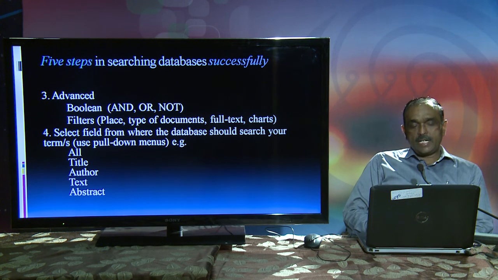Now, selecting a field means that if you look at the whole article, it has a number of segments such as title, author, keywords, abstract, then of course the full text, the bibliography, the journal's name, then the ISSN, the DOI, and so on.